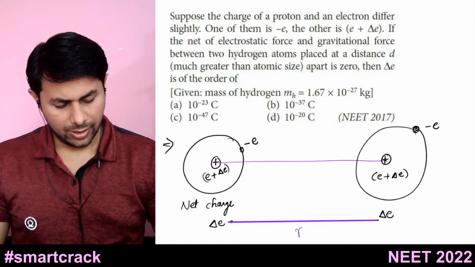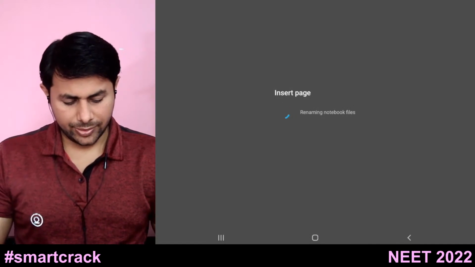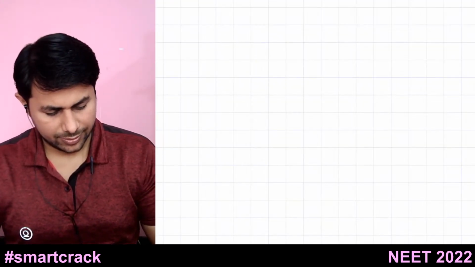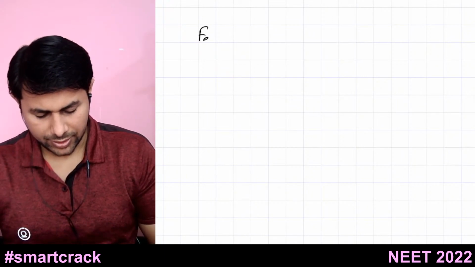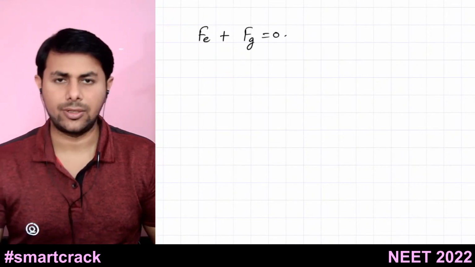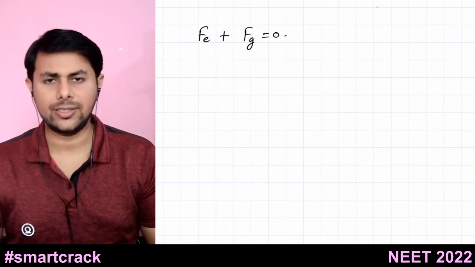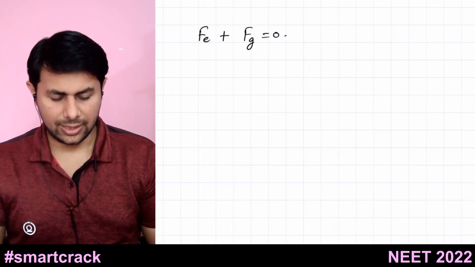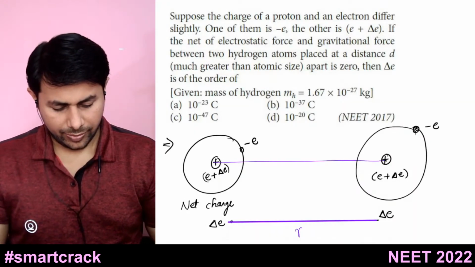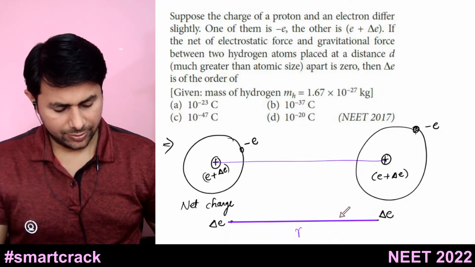So the sum of the electrostatic force plus gravitational force is equal to 0. That means the two forces are the same in magnitude and opposite in direction. Gravitational force is attractive.